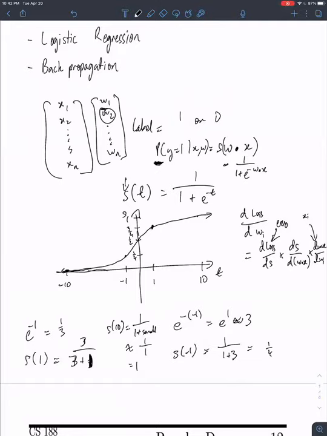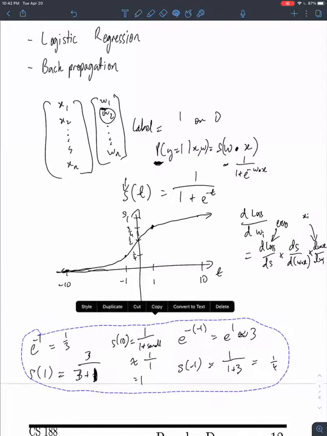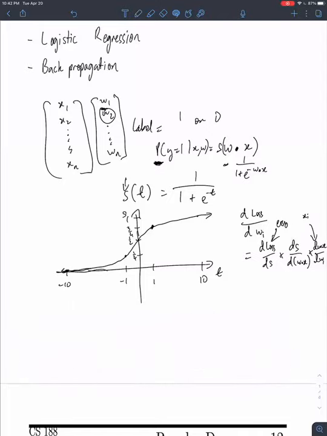So what's ds on d w dot x, right? If that were simple, then it would be really easy to do stochastic gradient descent for logistic regression. Well, the value of that is just s prime of t, where t is w dot x, right? It's ds dt. Now what's that? So we can actually work this out, right?